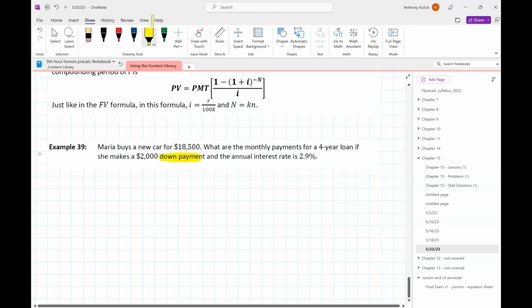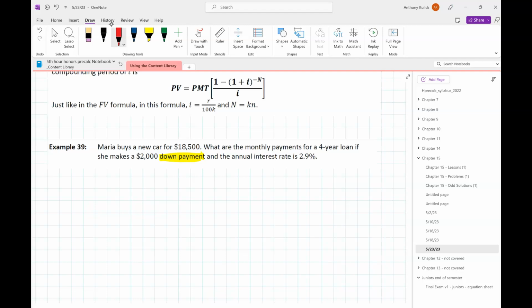When we say down payment, does everybody understand what a down payment is? So the price of the car is $18,500. What does the down payment mean? I'm paying for $2,000 of that $18,500 right away. How am I going to get the rest of the money?